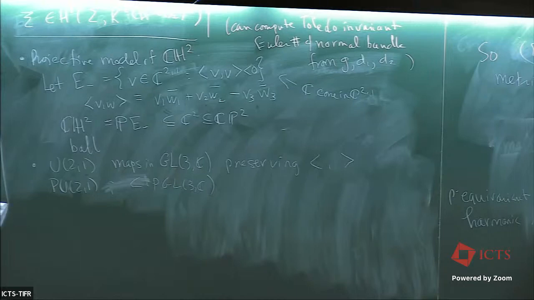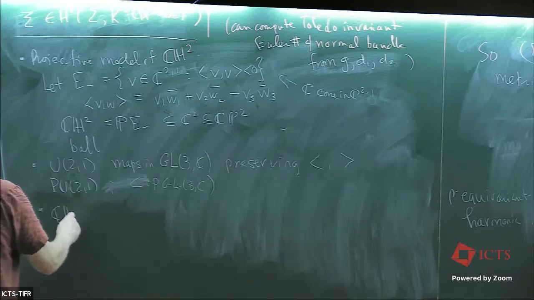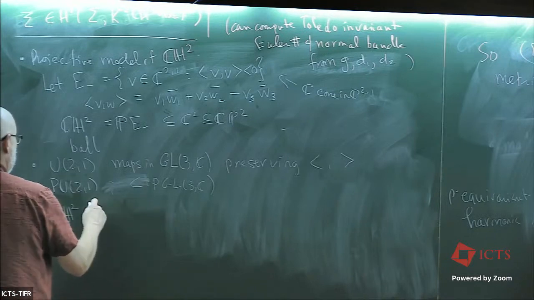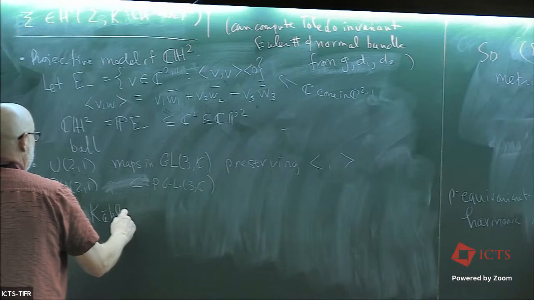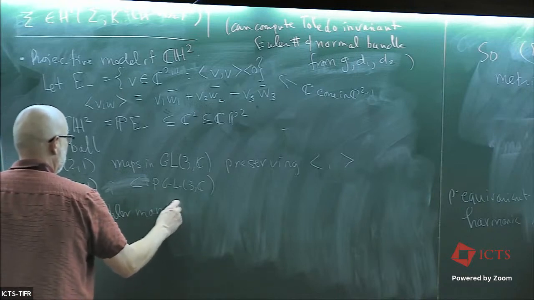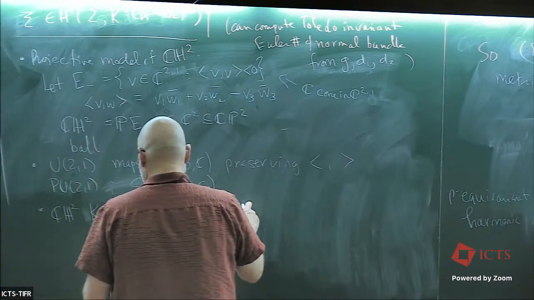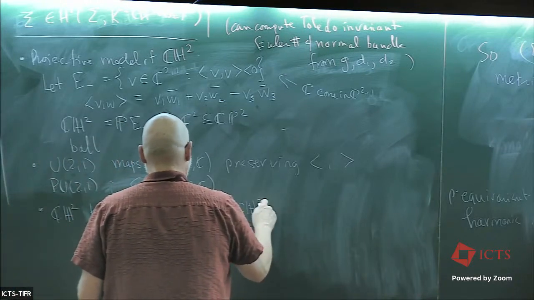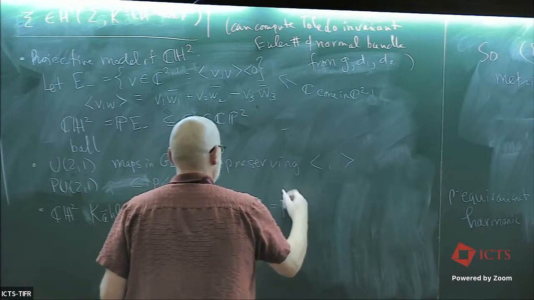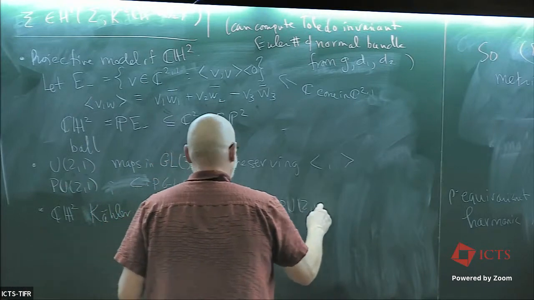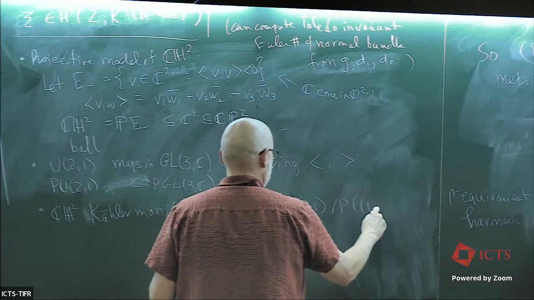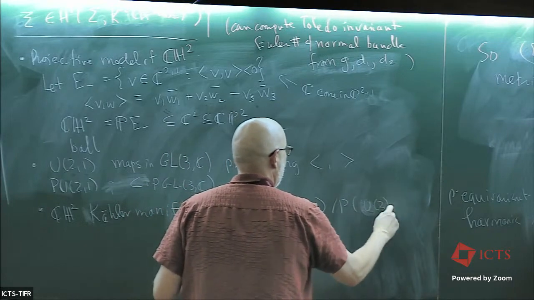I should say CH2 is a Kähler manifold. One way of seeing this is that CH2 is the quotient of PU(2,1) by the maximal compact.